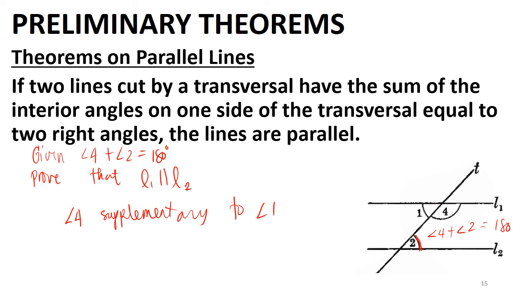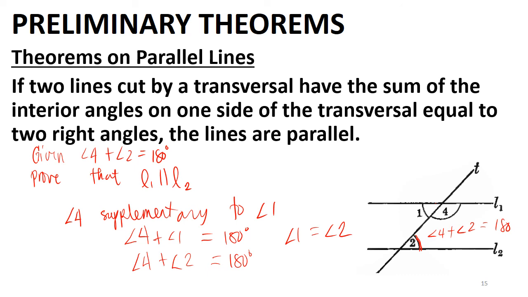And so since angle 4 is supplementary to angle 1, then angle 4 plus angle 1 equals 180 degrees. And since angle 4 plus angle 2 given na 180 degrees din, then angle 1 is equal to angle 2. Okay? Pinrove na natin to kanina. Di ba? If two angles are supplementary to the same angle, then the two angles are equal.